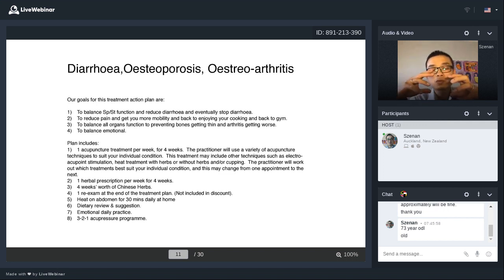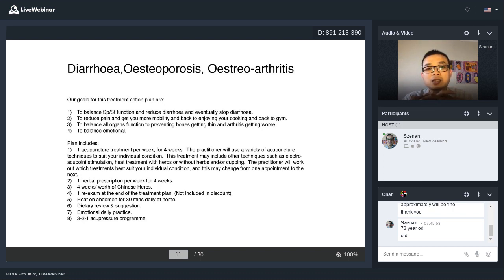You never fix a patient or get a patient out of symptoms with one session. You actually complete it with a treatment course.